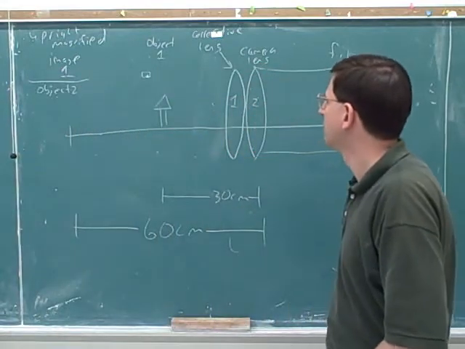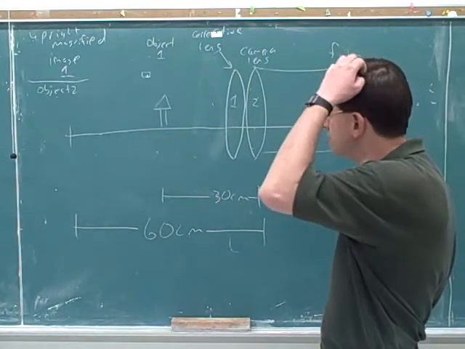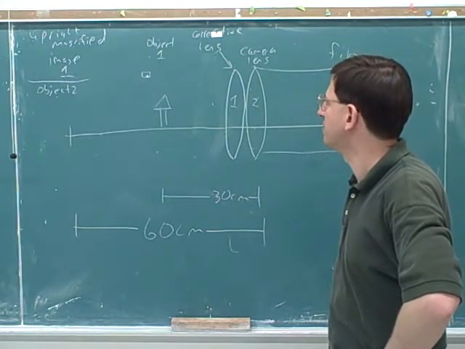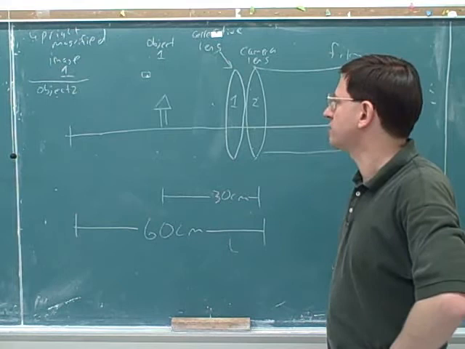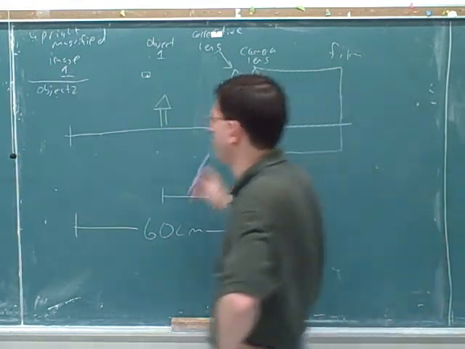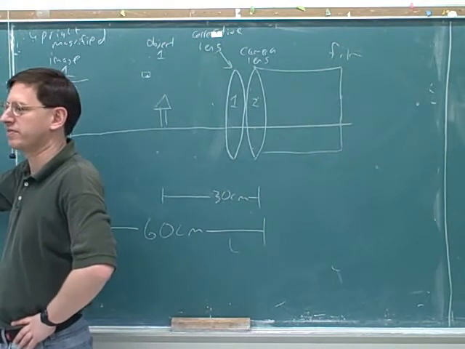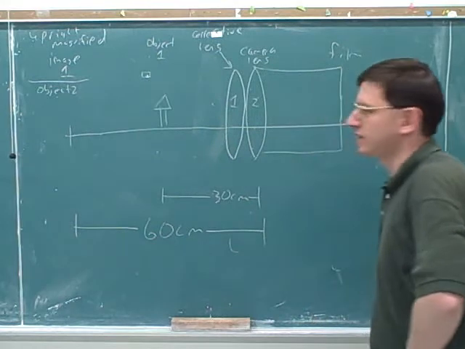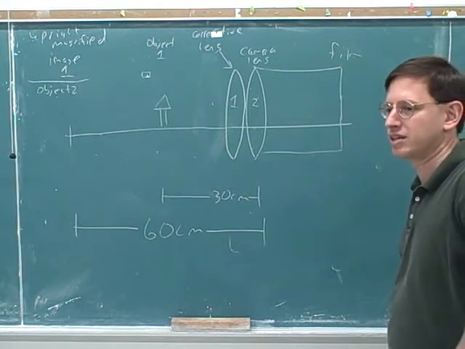There's only one situation when you can get a virtual image from a converging lens. That's when you're inside the focal point. So that also tells us that the focal point for this corrective lens must be out here, further than 60. Otherwise, it wouldn't give us a virtual image, which is what we need.